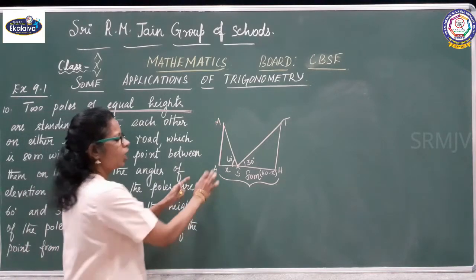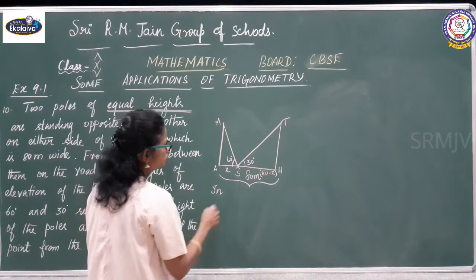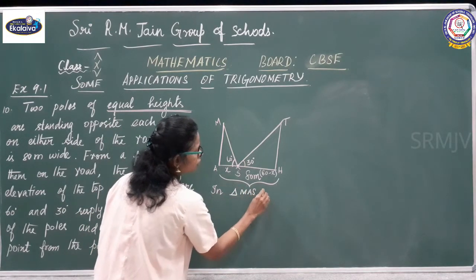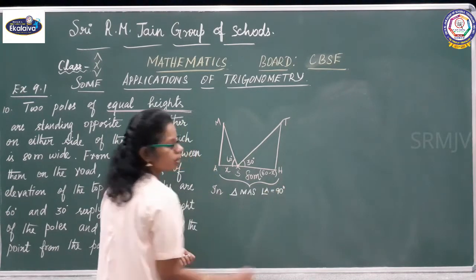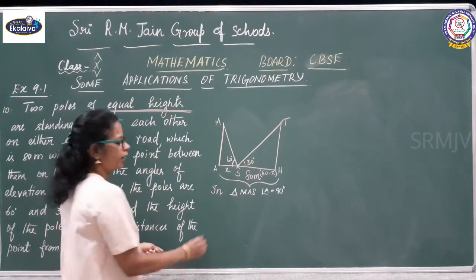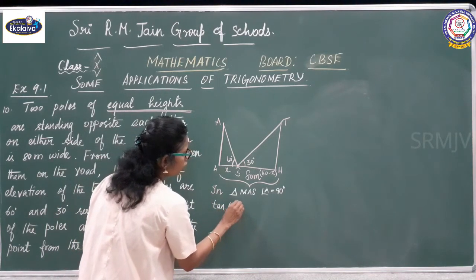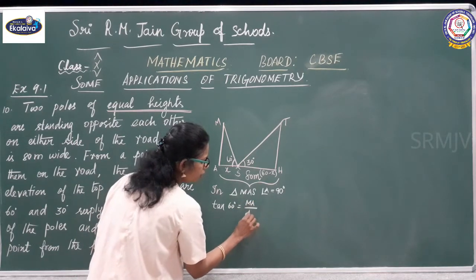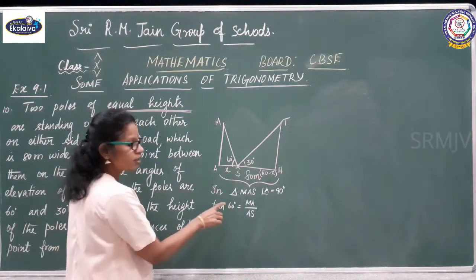Got it, children? Now, in triangle MAS, angle A equal to 90 degree. Tan 60 degree equal to MA divided by AS. What is tan 60 degree?